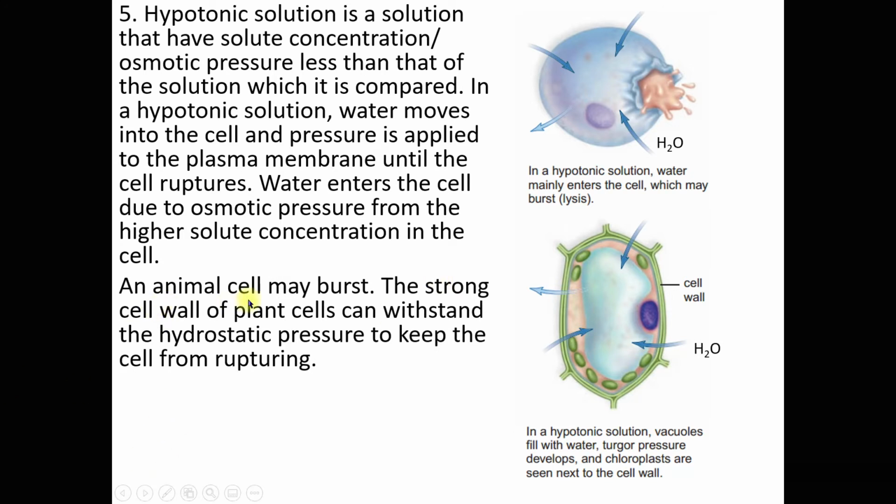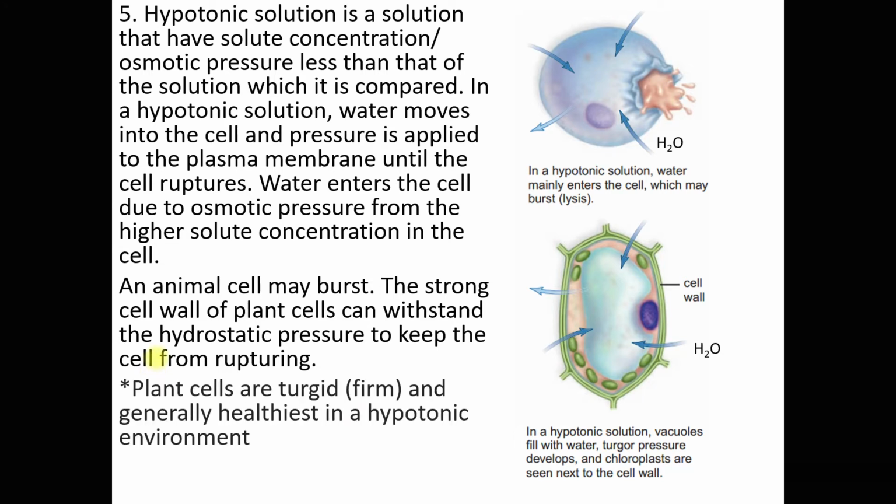So an animal cell may burst, right? The strong cell wall of plant cells can withstand the hydrostatic pressure to keep the cell from rupturing. So it's a different condition for plant cells. Plant cells, however, are turgid or firm, and generally healthiest in a hypotonic environment.